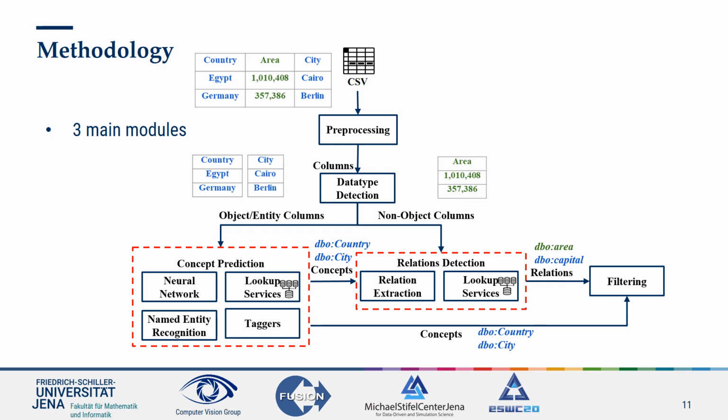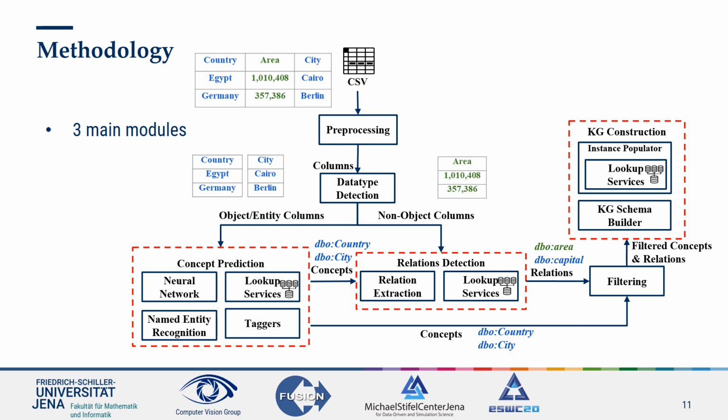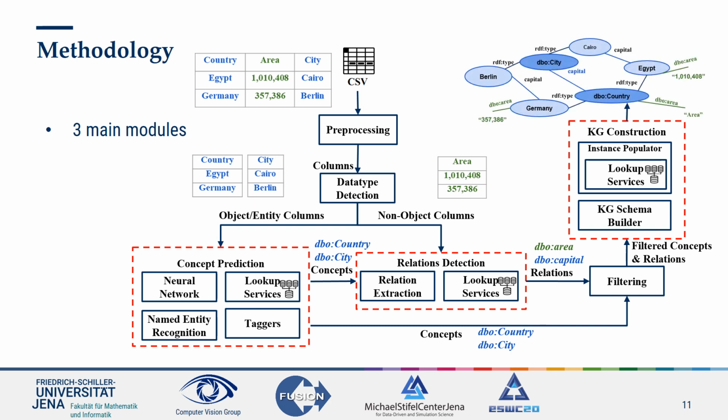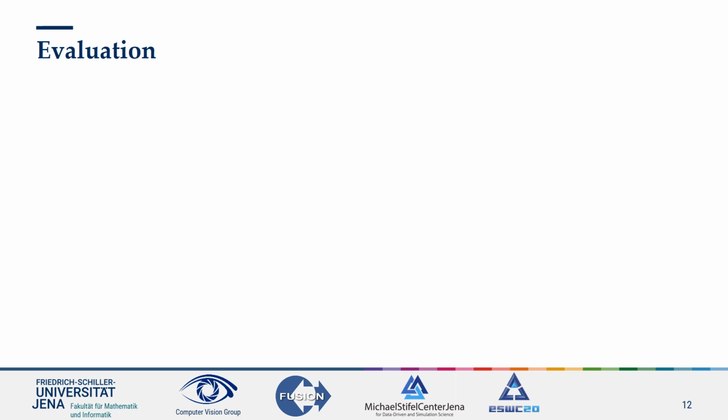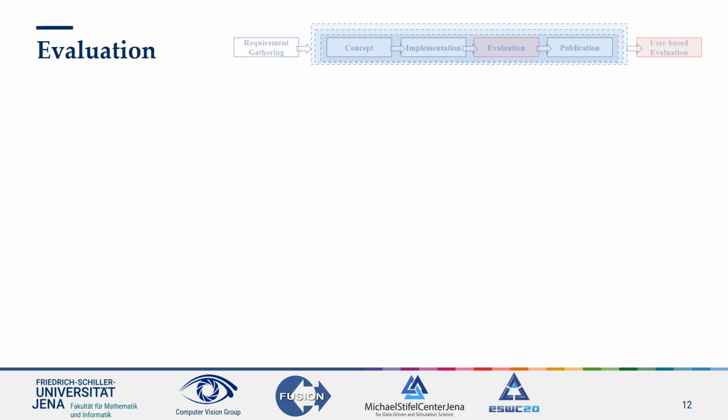Finally, the filtered concepts and relations are then fed into the last main module, which builds the knowledge graph schema and populates the instances.